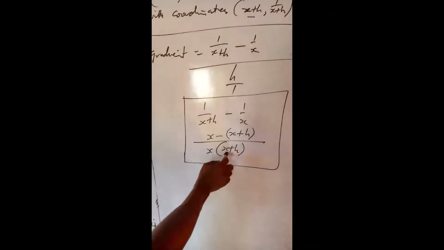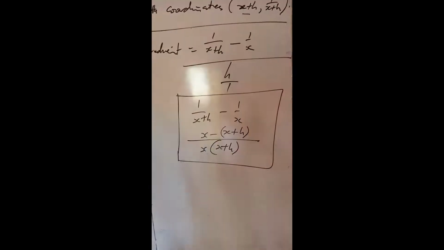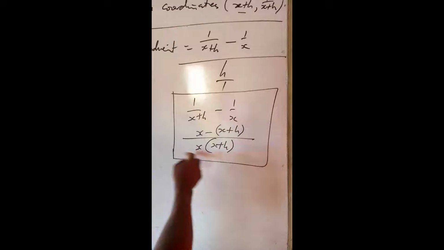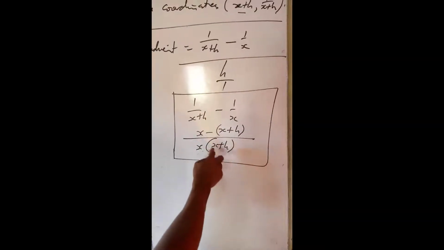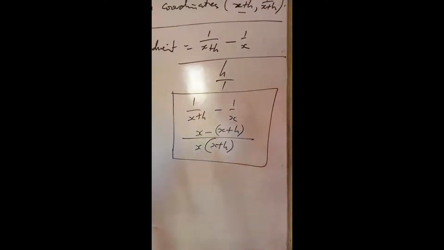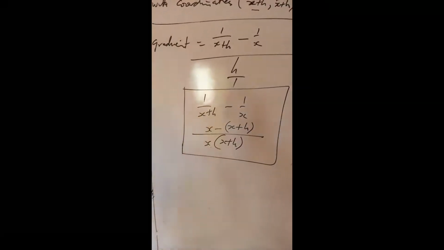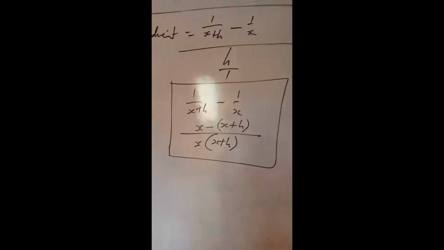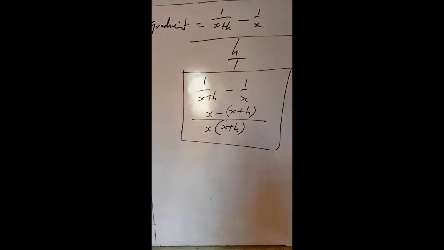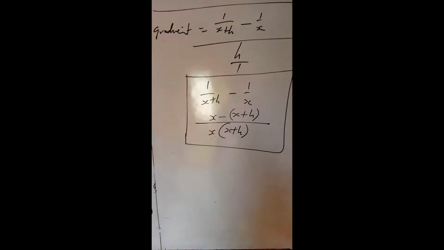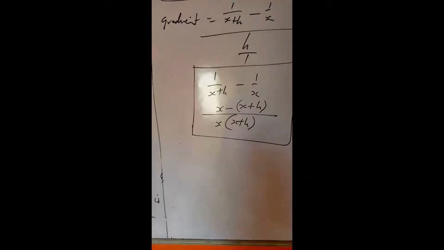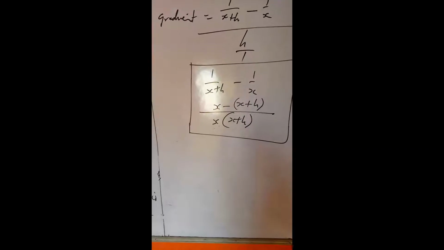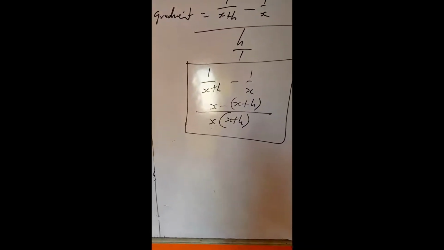What you have in bracket is x plus h. So you have x into bracket x plus h all over x into x plus h. So you have been able to get the upper one, and the lower one is simple because it's all over h.